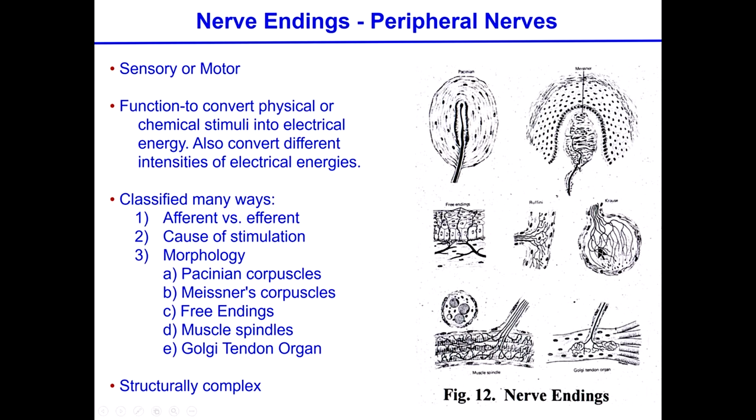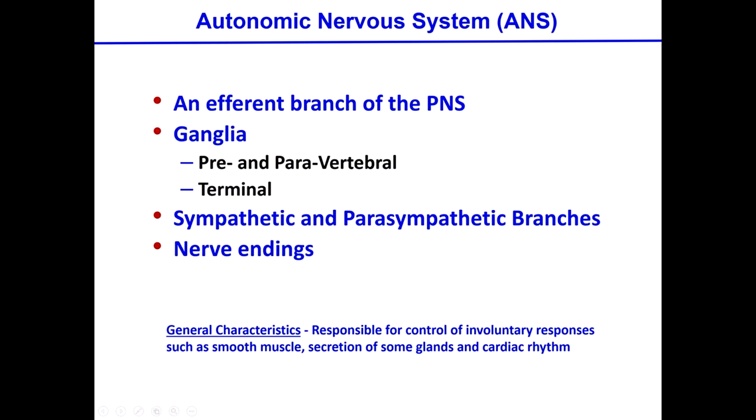The majority of them are generally complex structures, okay? And we'll look at some of those in the lab portion to show you actual pictures. The diagrams that I showed you before do not do too much justice to some of those things.